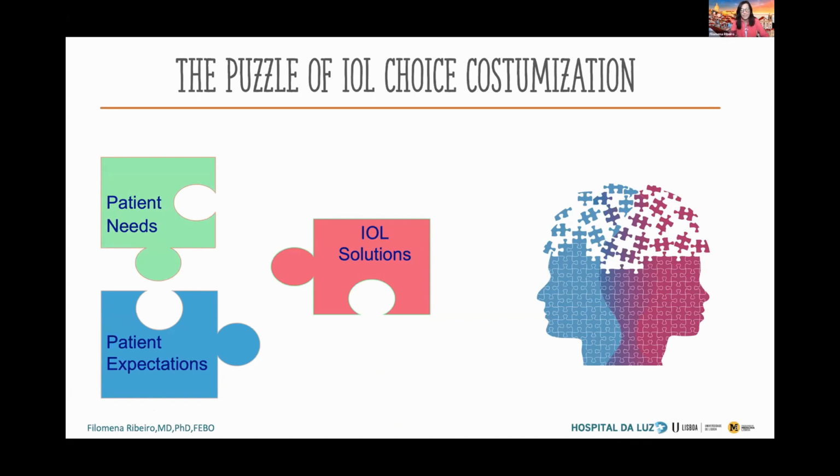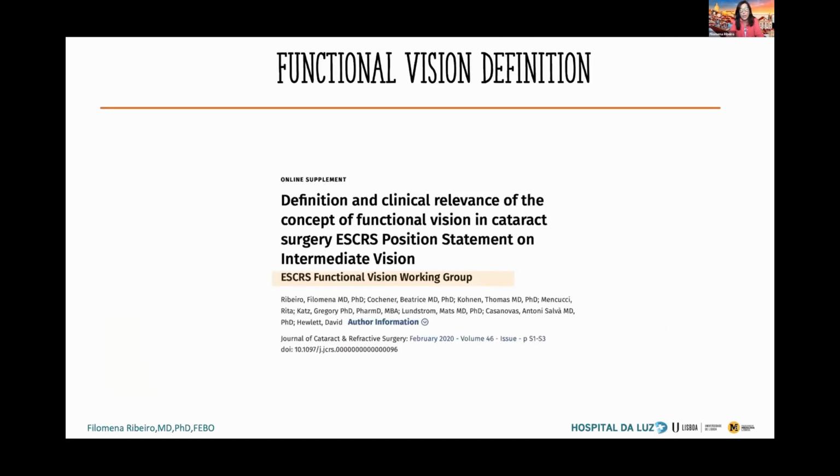And we have several IOL solutions right now, so we need to improve our pre-op evaluation. But first, what we really need is to rethink the definition and the clinical relevance of this concept of different distances of vision, which translates into functional vision all day long.